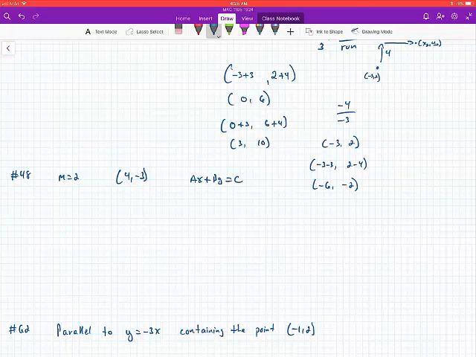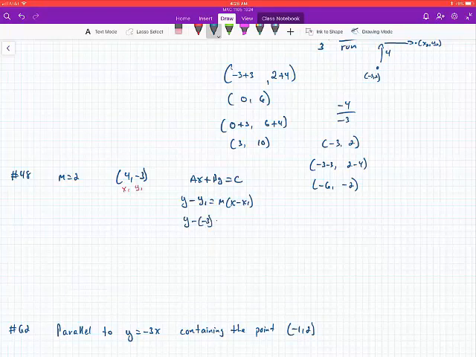And so let's go ahead and use the point slope form. The point slope form is y minus y1 is equal to m times x minus x1. Now using this information, we can do y minus -3 is equal to 2 times x minus 4.